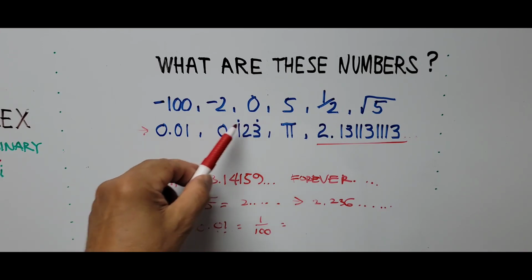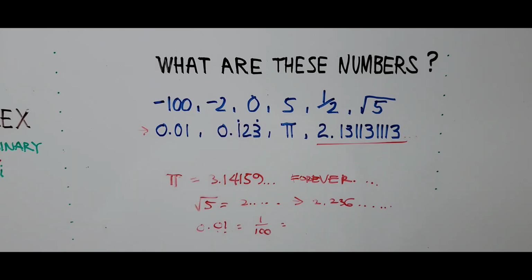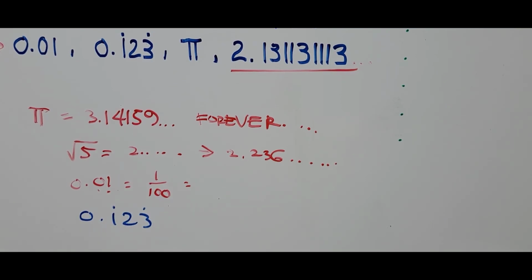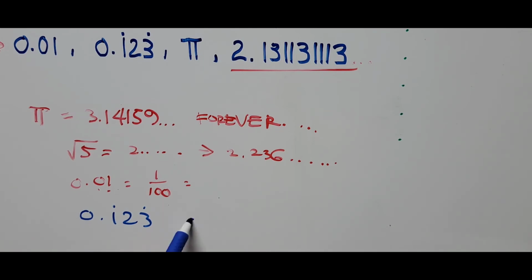How about the other one right here, 0.123 with the dots on top? What does it mean? That's a good question, by the way. What are those points on top of the 1 and the 3? That indicates this decimal place is never ending, but it is a repeating number.